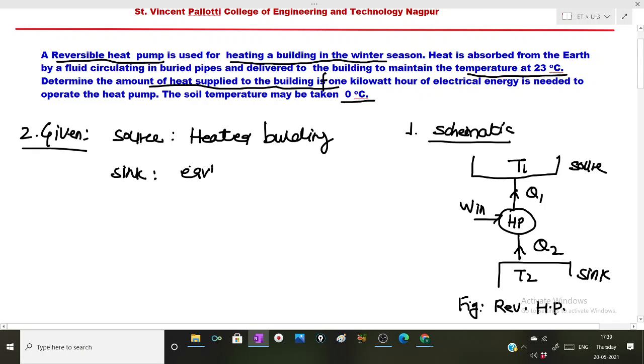Earth soil or earth surface is going to be the sink, and the 0 degree Celsius temperature of the soil is nothing but the sink temperature. And it is also given that the pump is a reversible heat pump. Very vital information.